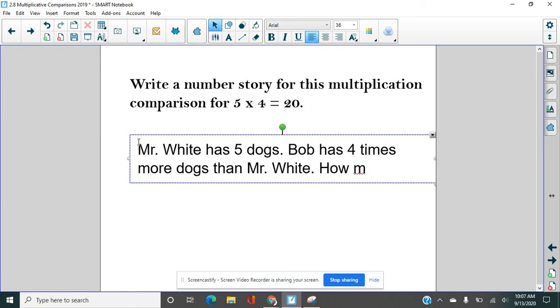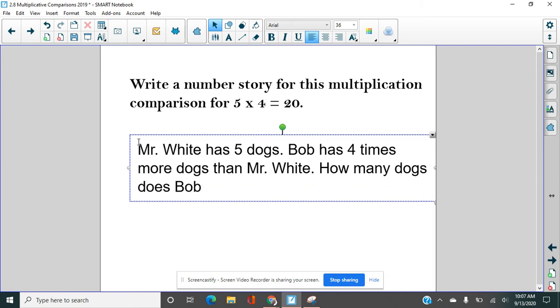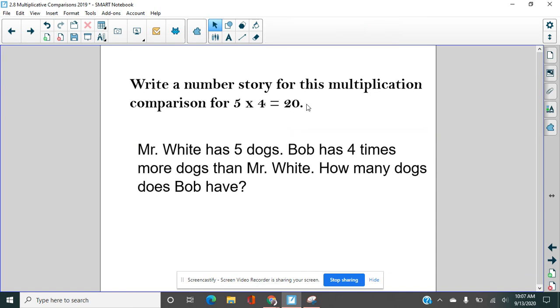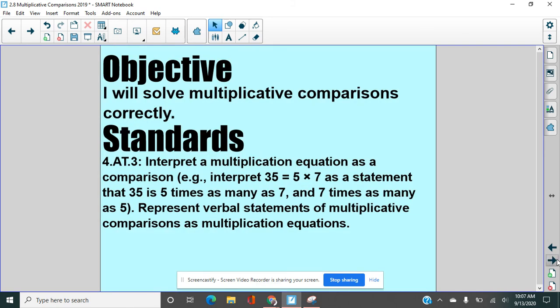So how many dogs does Bob have? And we know the answer, right? Because we already have the multiplication question here. We've just written a multiplication comparison number story.